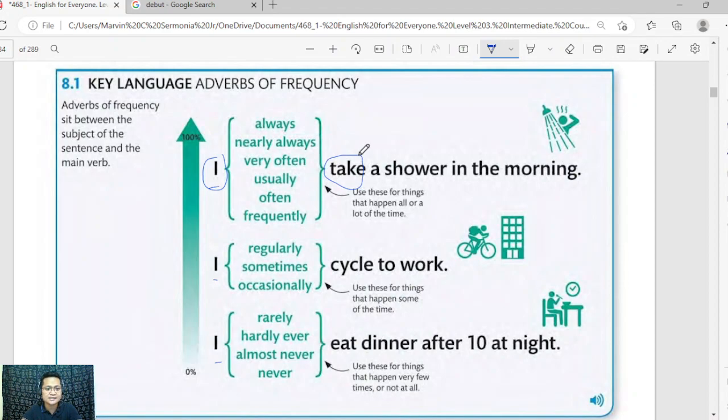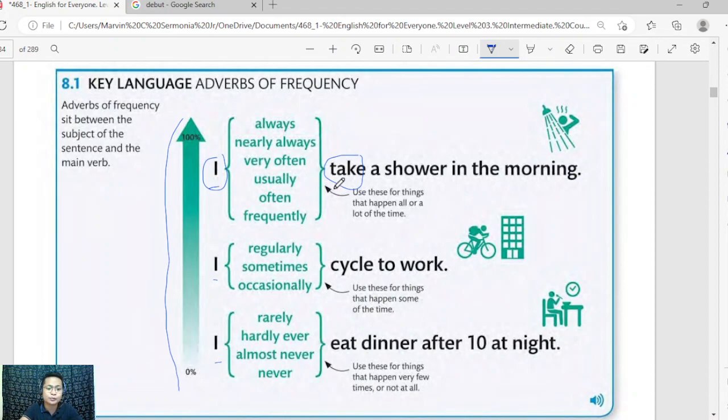Now, what are these adverbs of frequency? If you can notice, we have this arrow which illustrates how frequent, or how many times, we do a certain activity. So if we use, for example, always, I always read books before I sleep.